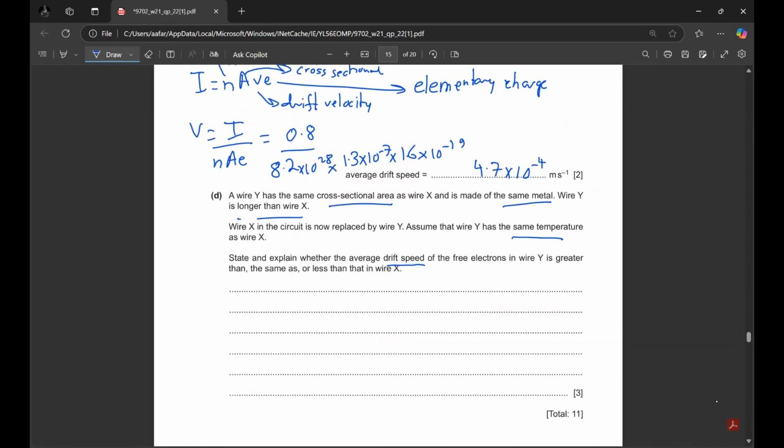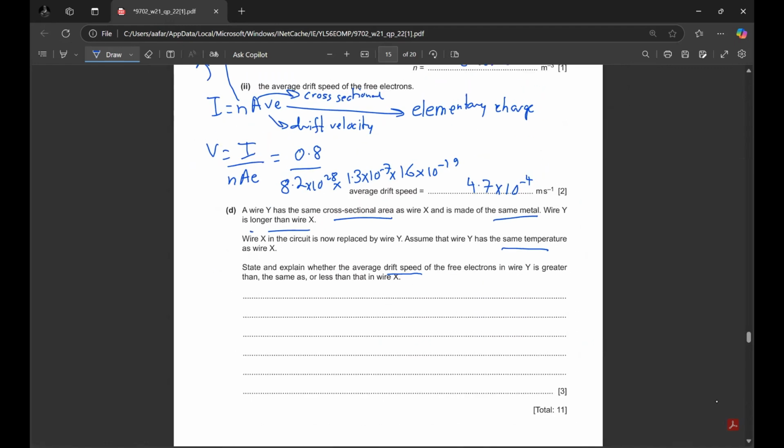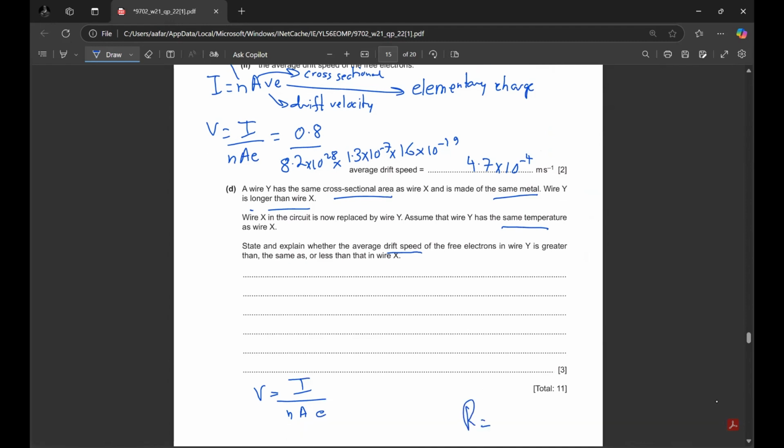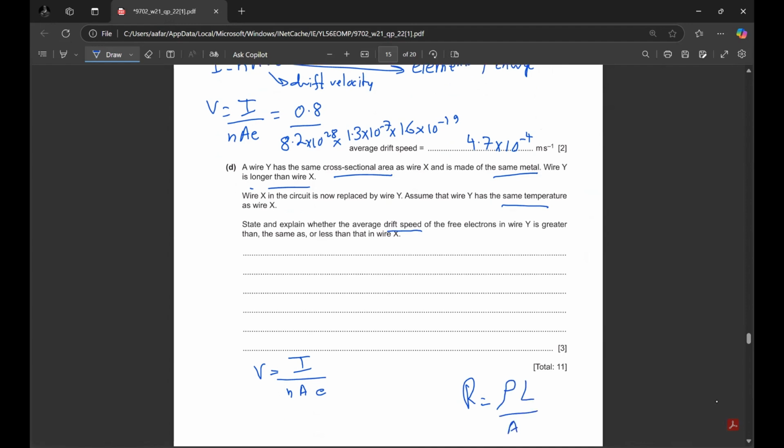In these types of questions, you just need to figure out the relationship of different variables in the question. We said that the drift speed is equal to current over number density over area over electron charge. The current is the same since it's the same battery, but resistance is equal to resistivity times length over cross-sectional area.